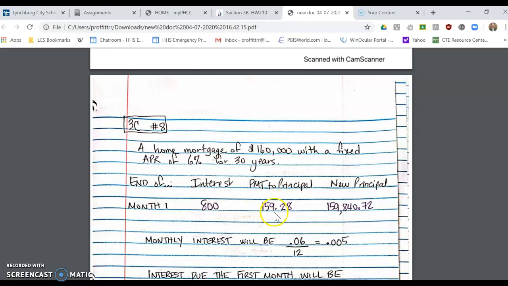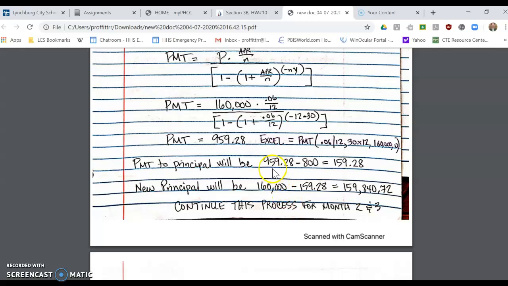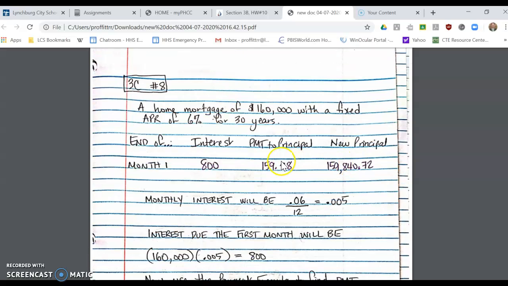So where did the $159.28 come from? You take your monthly payment, subtract off what you paid for interest, which is $800 for the first month, and that leaves you with $159.28. So that's where this value came from.